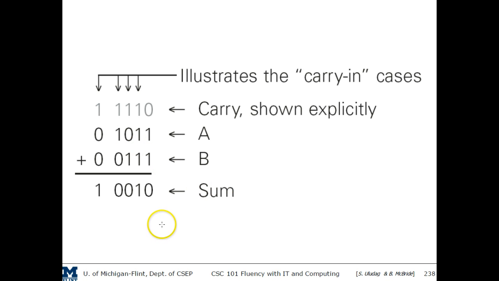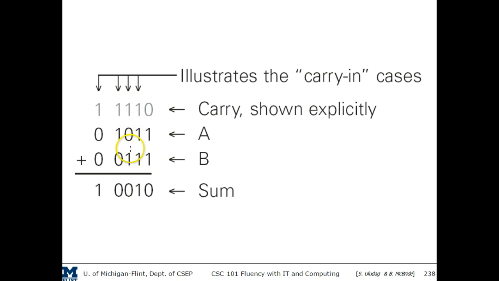So we have the binary number A, which is 01011, the binary number B, which is 00111, and let's go through the process again, right to left, of adding these numbers. So a 1 plus a 1 is a 0, carry the 1. A 1 plus a 1 plus a 1 is a 1, carry the 1 to the next column.